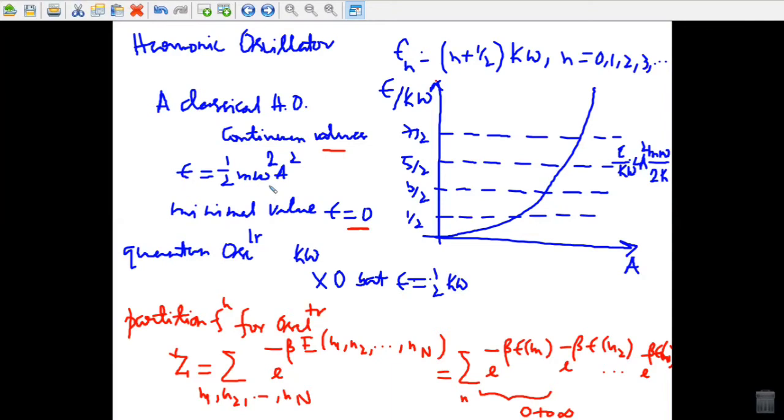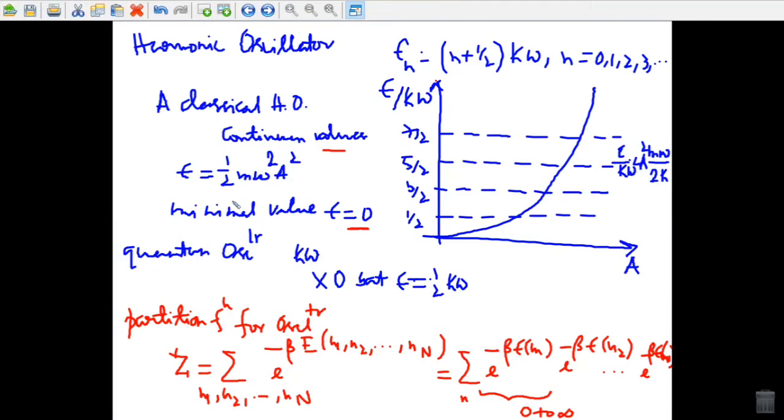The energies of the quantum oscillator, however, are quantized in intervals of h cut omega, right? And they start from the minimal value, which is not 0, but epsilon equals half h cut omega. So as n increases, the energy of the oscillator increases, like the parabolic behavior of the classical oscillator.